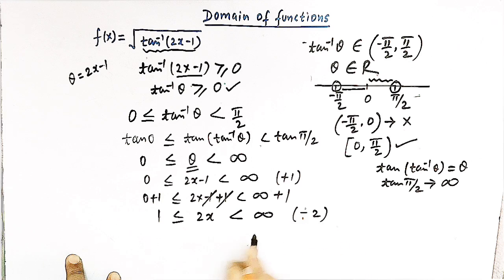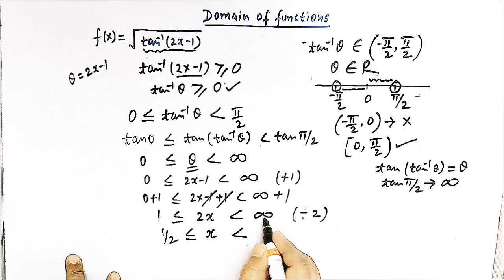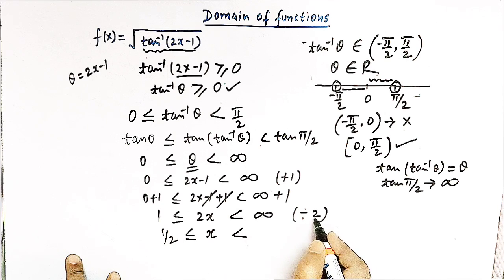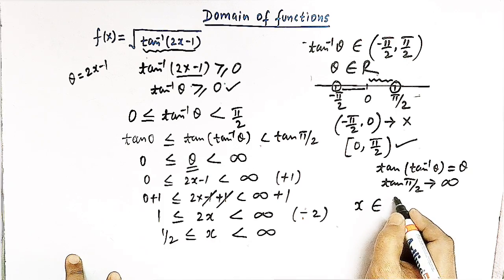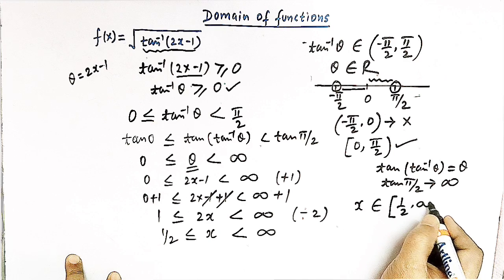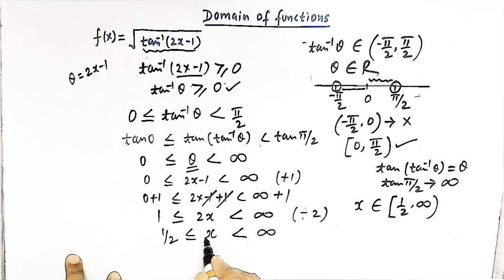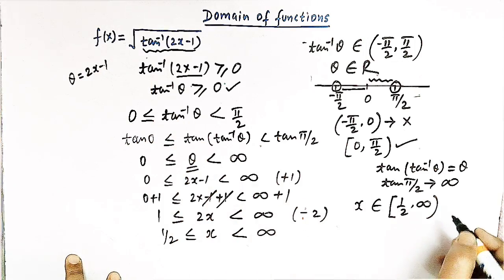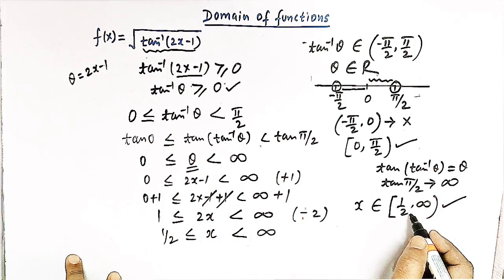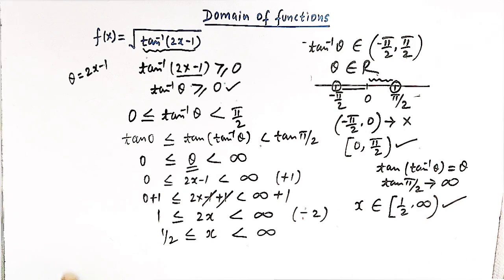Dividing by 2, we have half, and simply x, since the 2 and 2 get cancelled, and an infinitely large number divided by 2 is again infinity. So x belongs to the interval half to infinity, where x equal to half is included. So the domain of this function is given by the interval half to infinity.